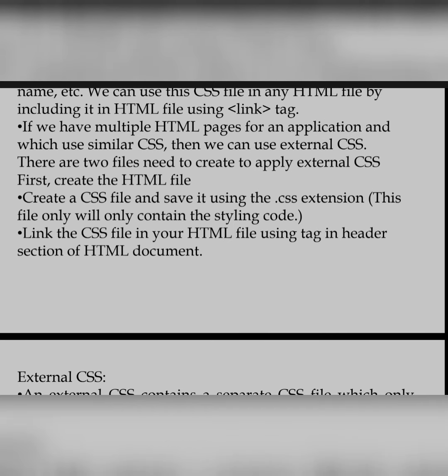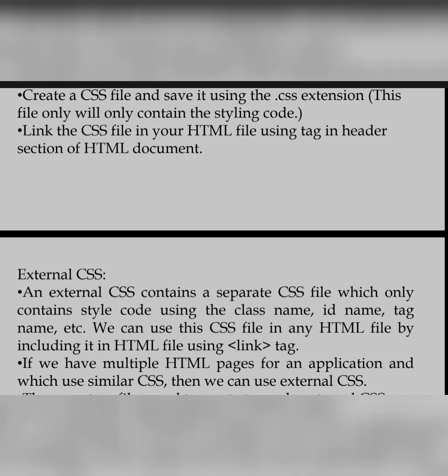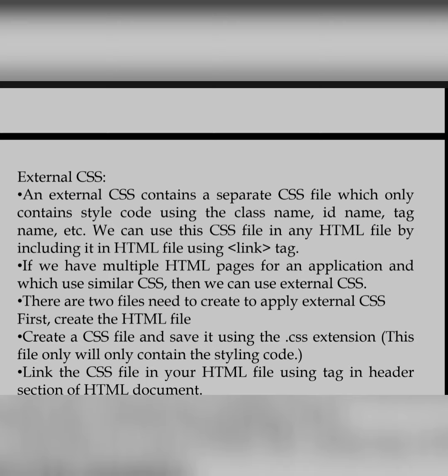Two files need to be created to apply external CSS. First, create the HTML file. Next, create the CSS file and save it with the .css extension. This file will contain only the styling code, nothing else. Just use the style for our web program. That's all. Link the CSS file in your HTML file using the link tag in the head section of the HTML document.